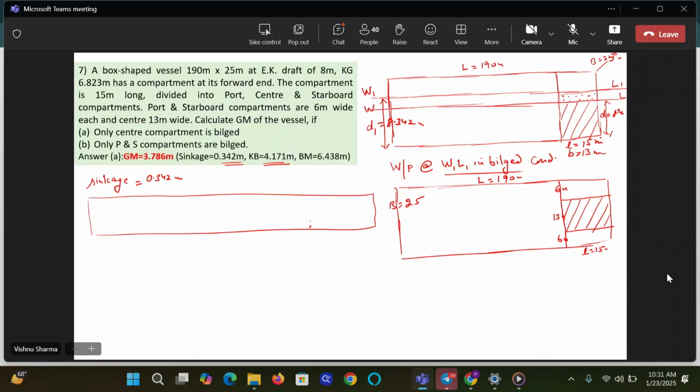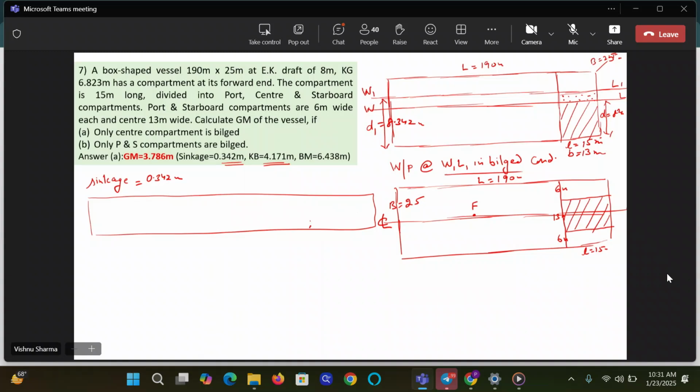Guys, is the axis for BMT the center line, yes or no? Please tell me. Yes, sir. Center of flotation will be slightly aft of midships because you've lost in the forward part. It will be somewhere here, but it will be on the center line for sure. Why? Because when I draw the center line, it is dividing the water plane into exactly mirror images on each side.